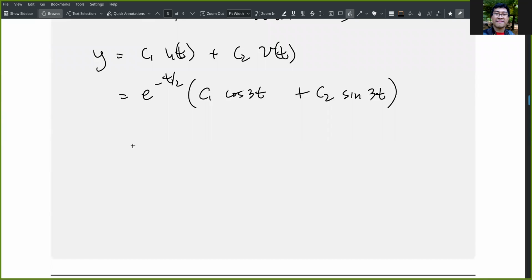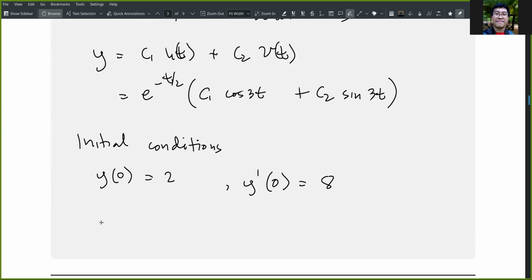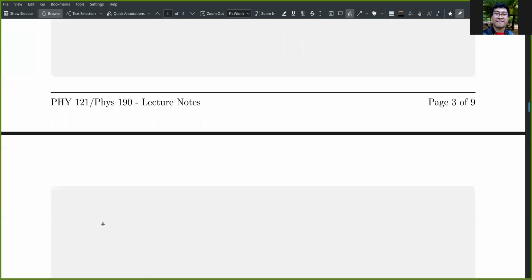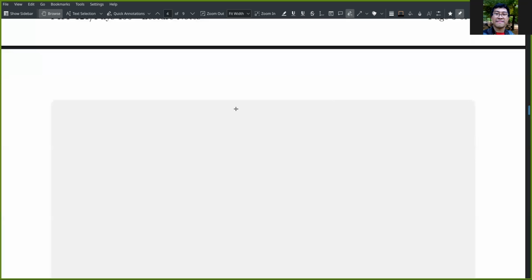Now with the initial conditions, y(0) equals 2 and y prime(0) equals 8. For y(0) equals 2, let me write that here. y equals e to the minus t over 2 times c1 cosine of 3t plus c2 sine of 3t.